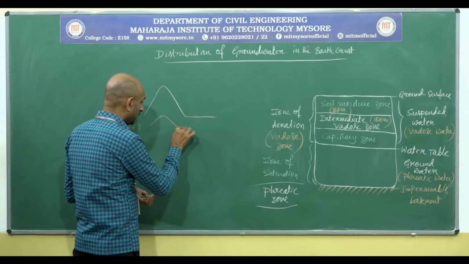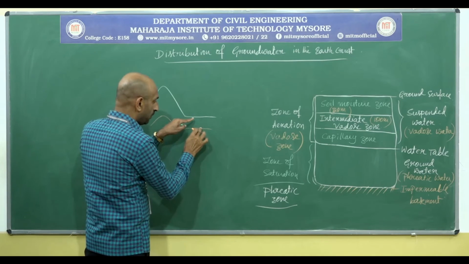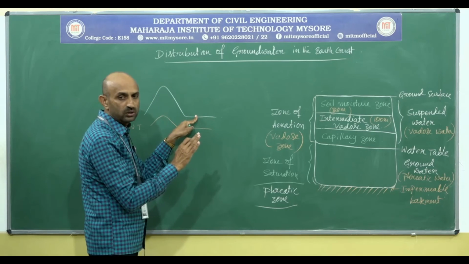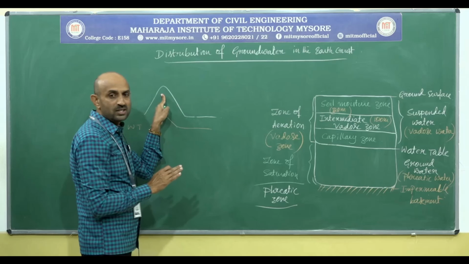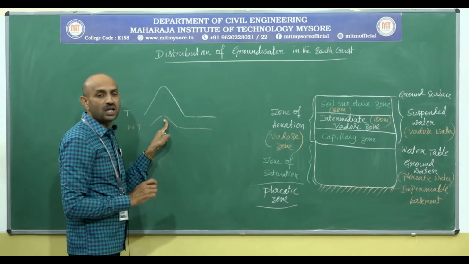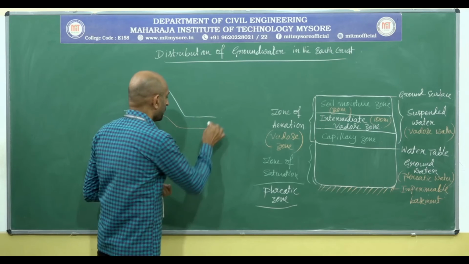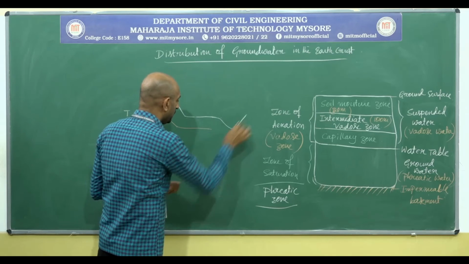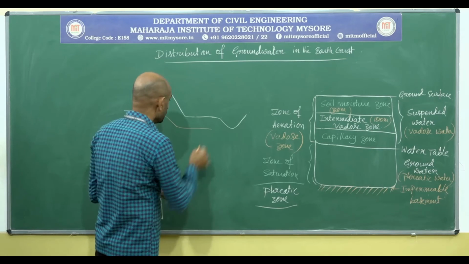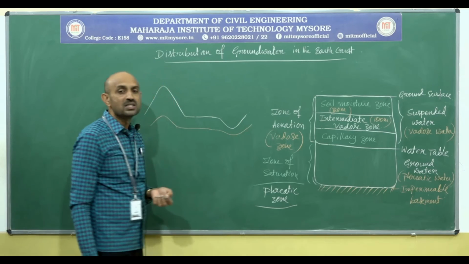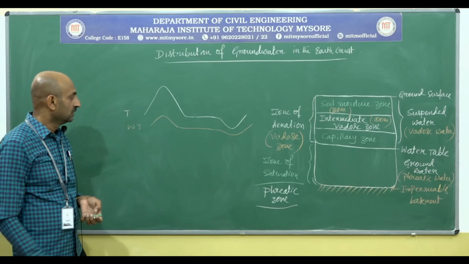Here the water table is parallel to the topography, parallel to the level ground. Under a hill station, it is a mound-shaped structure. Under a valley, how does it appear? It also appears in the form of a valley-shaped structure.